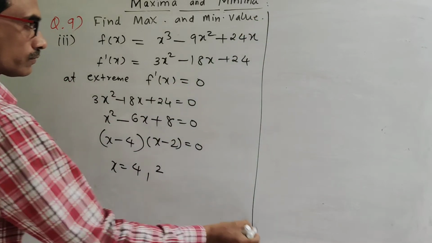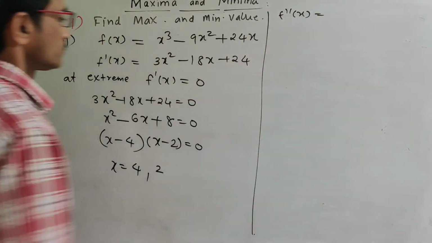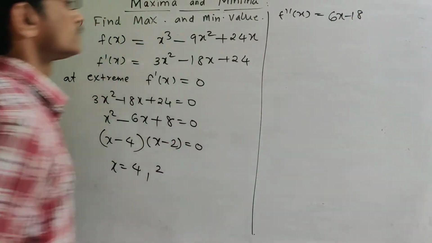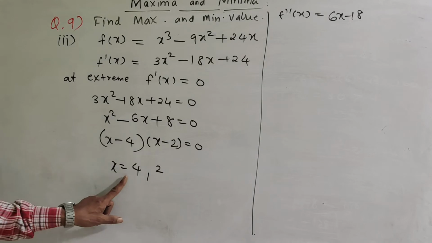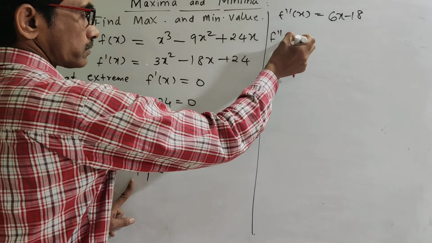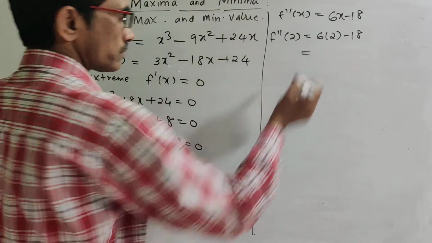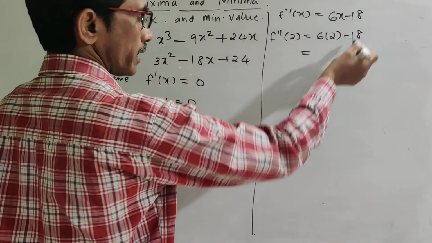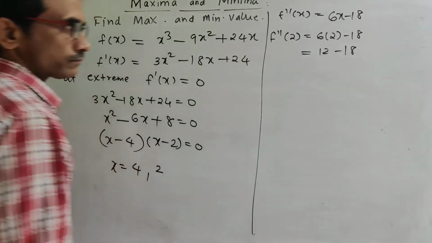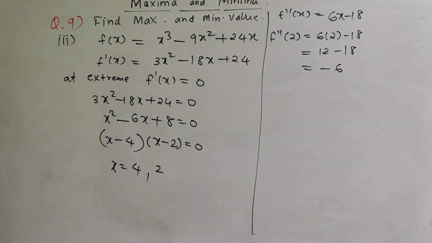Second order derivative, we find f2 dash of x, that is equal to 6x minus 18, and यहाँ पे x is equal to 2, f2 dash of 2 will be 6 into 2 minus 18, that is equal to 12 minus 18, we are getting minus 6. Minus 6, that is negative.